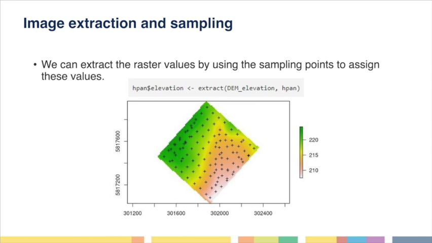So we've got elevation, and then we have this other variable that's H-pan. We can see that there's not so much variation in terms of elevation, but you can see it. And we also have the points where the hand samples have been taken.